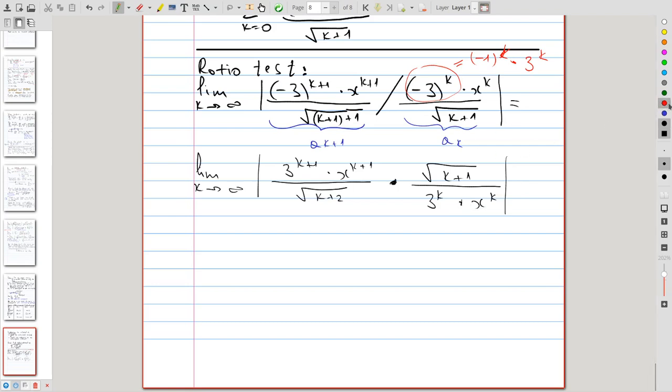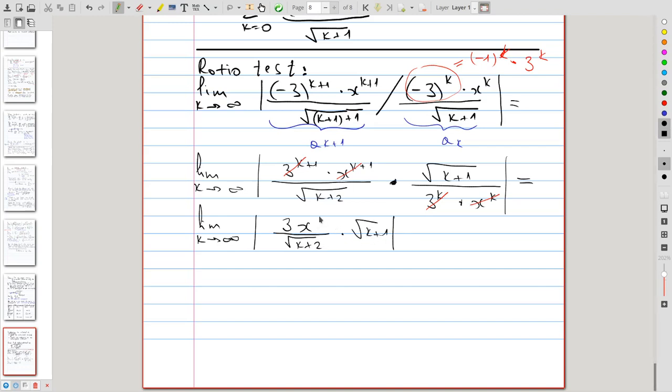And cancellation. What will cancel? Well, the powers of x, the powers of 3, and that seems to be it. So I will have the limit, k goes to infinity, 3x divided by square root of k plus 2 multiplied by square root of k plus 1.